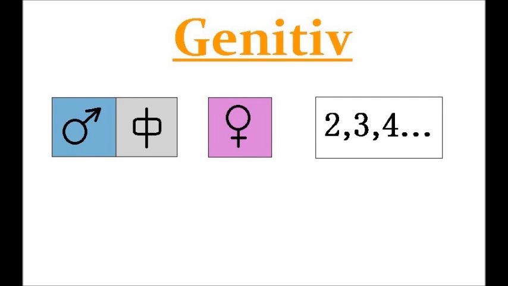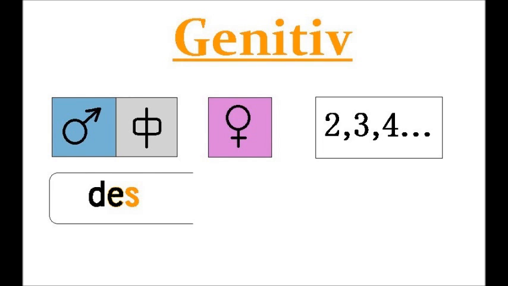The English construction, the teacher's wife, does not work in German, unless the noun is a person's name. To be exact, it does exist, but it is outdated. The male and neutral genitive article is des.